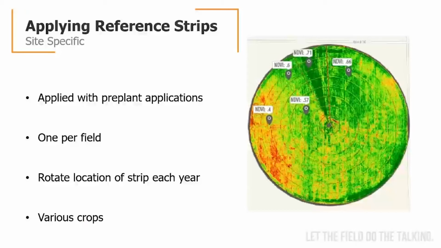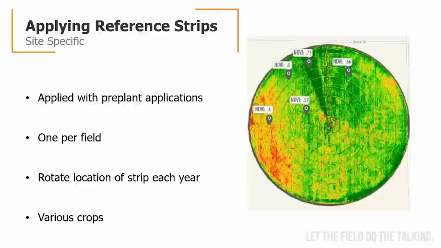Often, even for just variable rate management, getting that right average is the most important aspect. The best case scenario on a field with significant variability is to apply maybe one or more field length strips across all potential zones. The field length strip will allow you to determine in-season response zones.